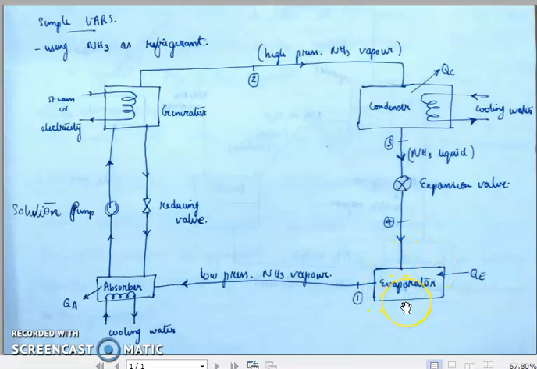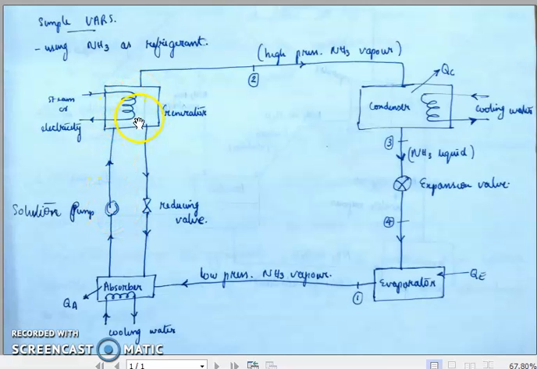Then, after absorbing heat, this low pressure liquid ammonia is transformed to low pressure ammonia vapor, and this vapor will be admitted to the absorber, where it will condense to get dissolved inside water, which will be pumped to the generator by means of the solution pump.